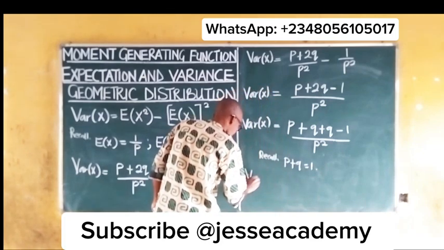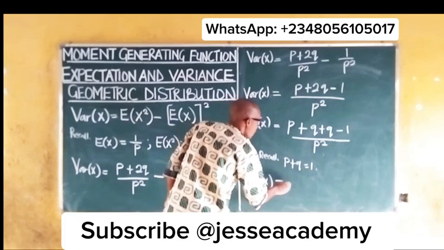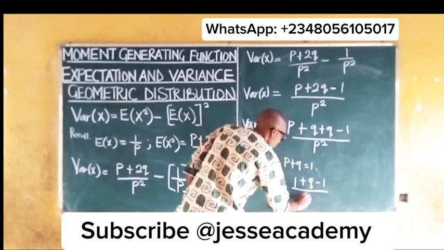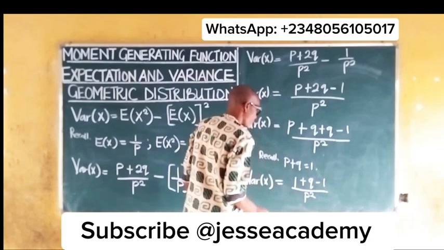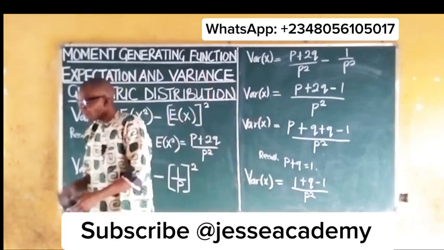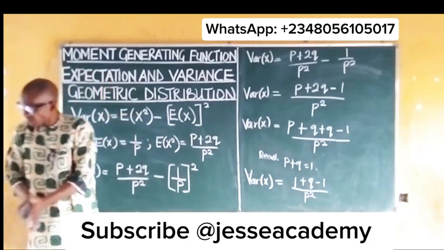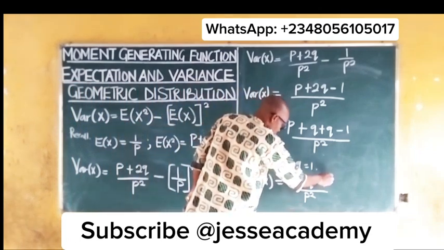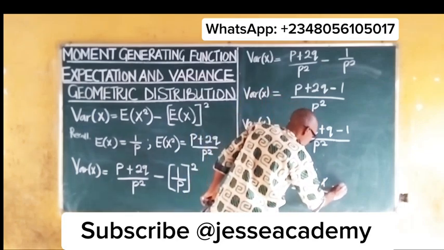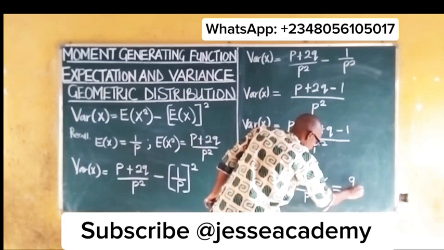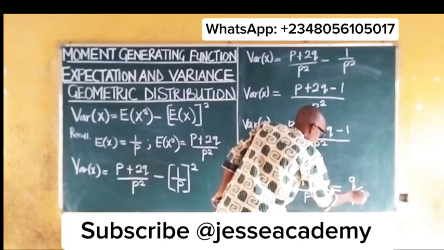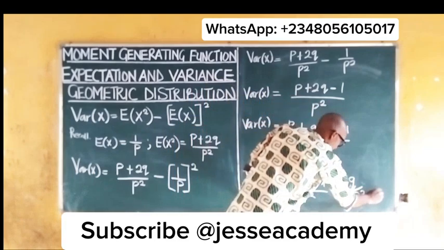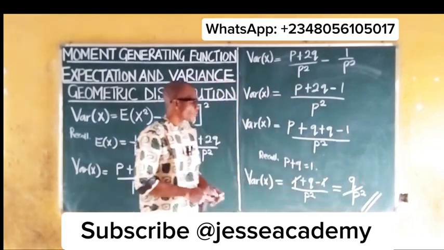It then means that our variance of x will now be equal to 1 plus Q minus 1 all over P squared. Of course, 1 will cancel 1 to give us Q all over P squared. So this becomes our variance, which is Q all over P squared.